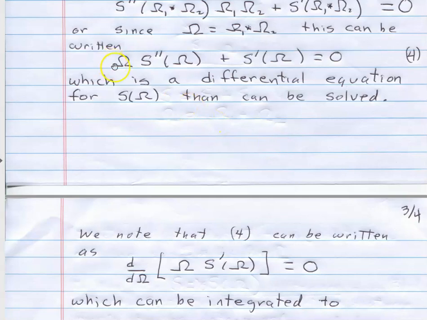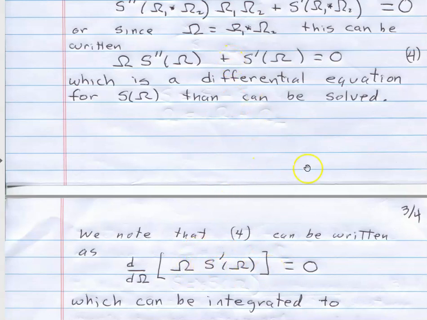First thing to note is I can just use the product rule again. And this quantity in equation 4 is simply the total derivative with respect to omega of omega times S prime of omega. Again, it's simply the first term times the derivative of the second plus the derivative of the first term times the second.